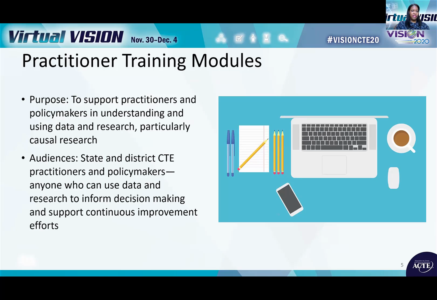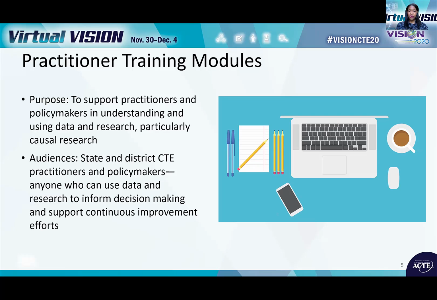The purpose of the practitioner training modules is really for you. It's to support practitioners and policymakers in understanding and using data and research, particularly causal research. It's designed for state and district level CTE practitioners, policymakers, really anyone who can use data and research to inform decision making and support continuous improvement efforts.